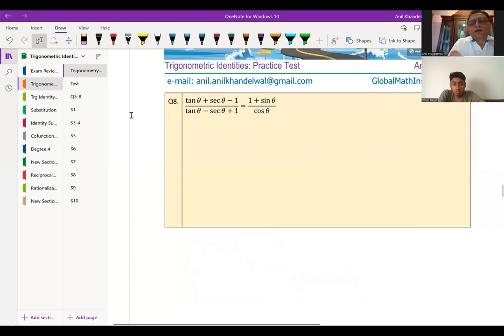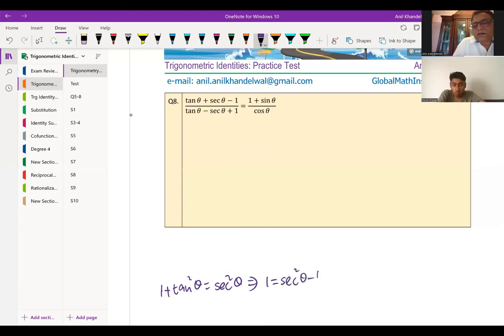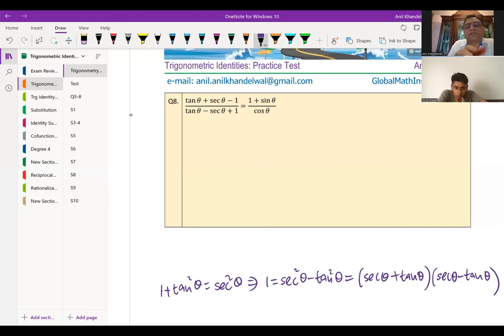So what we understand now is that we know that 1 plus tan square theta is equal to secant square theta. And this implies that 1 basically is secant square theta minus tan square theta, which can be written as secant theta plus tan theta times secant theta minus tan theta, correct? So we are going to change, in the numerator, minus 1.